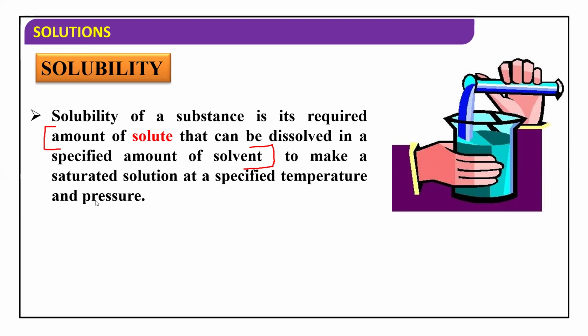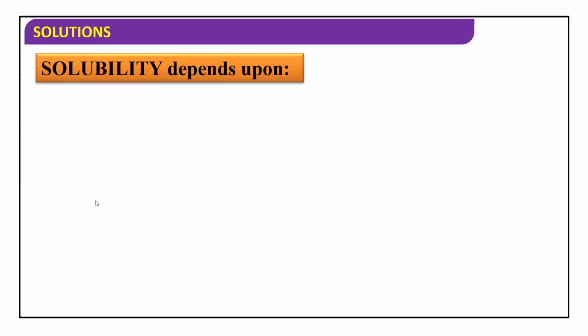Okay, so some amount of the solute is taken and it is dissolved in a specified amount of solvent, and that we call as solubility. Okay, now the solubility depends upon 4 factors.